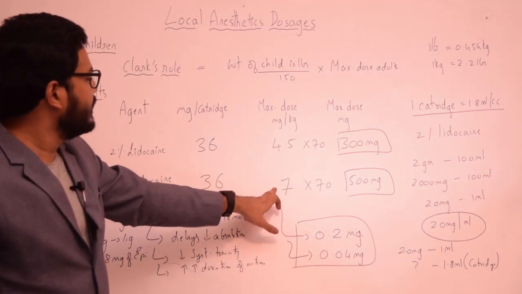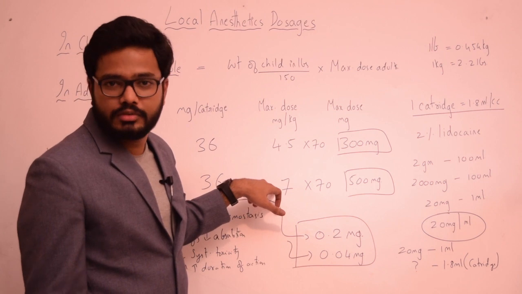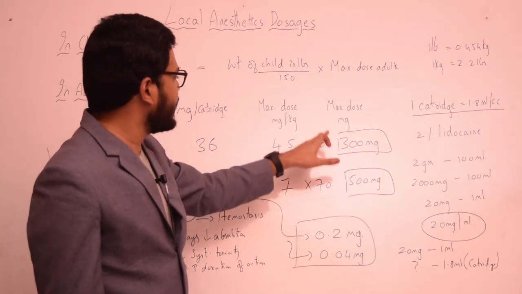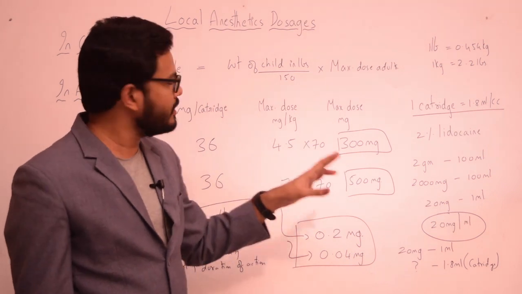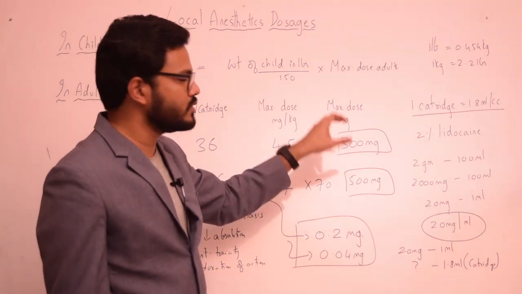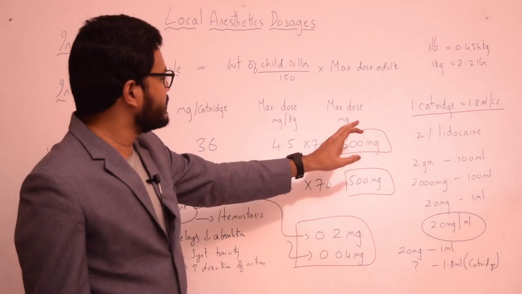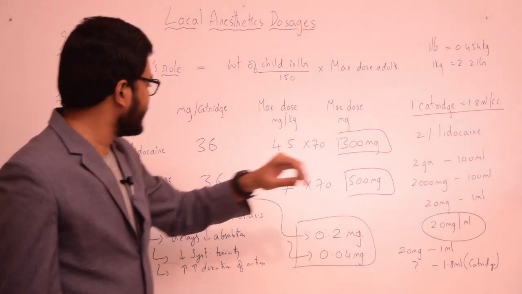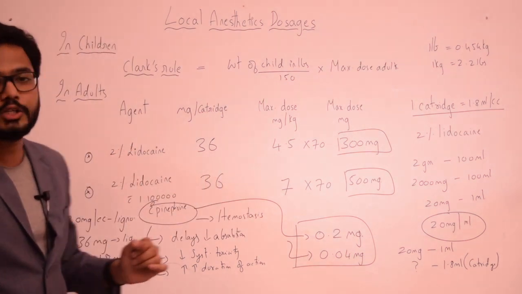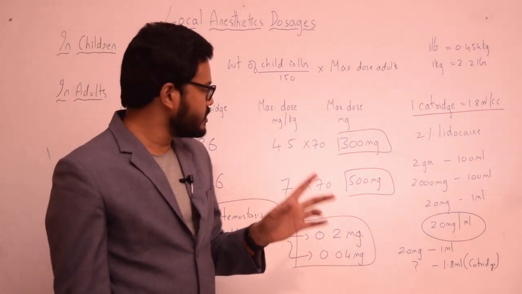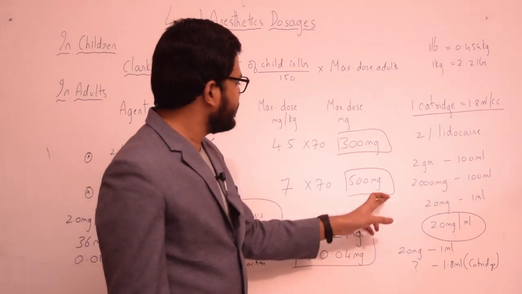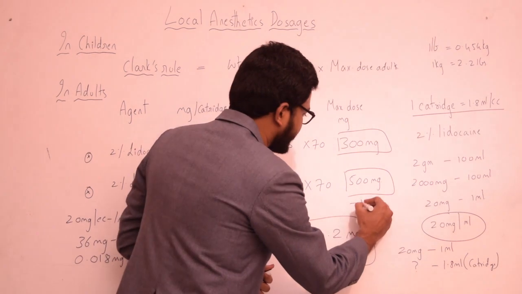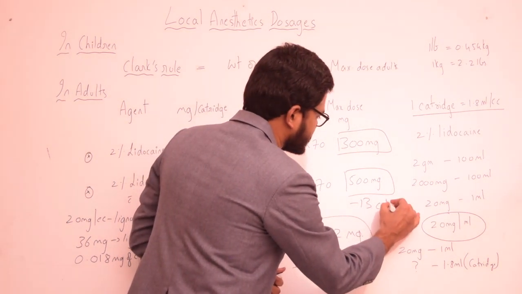With epinephrine, it is increased to 7 milligrams per kg body weight, and based on the average weight of a normal adult, we can obtain the maximum safest dose, which is 300 milligrams in case of 2% lignocaine, and 500 milligrams in case of 2% lignocaine with 1:1 lakh epinephrine. And also remember, 500 milligrams of lignocaine is equivalent to approximately 13 cartridges.